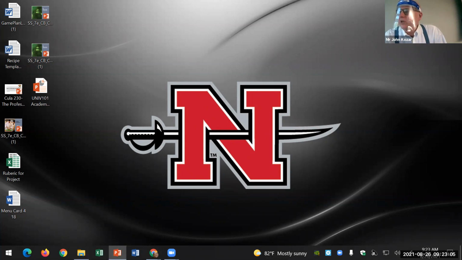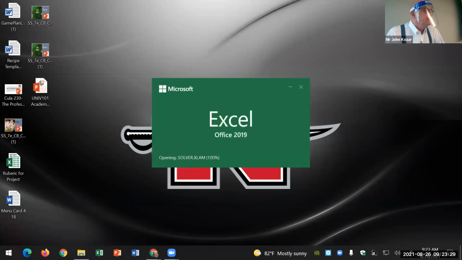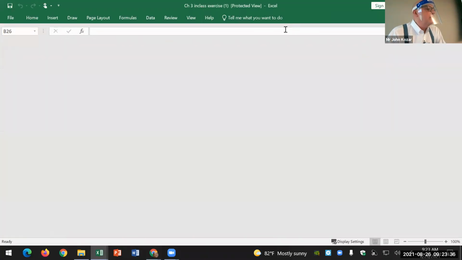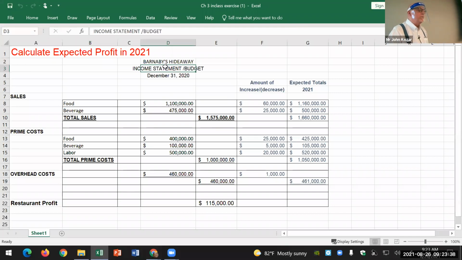We have a handout for an exercise in the class. Okay, so this is our budget.